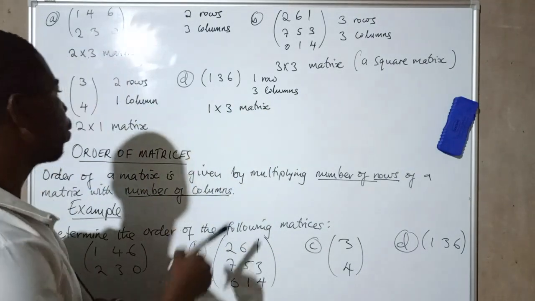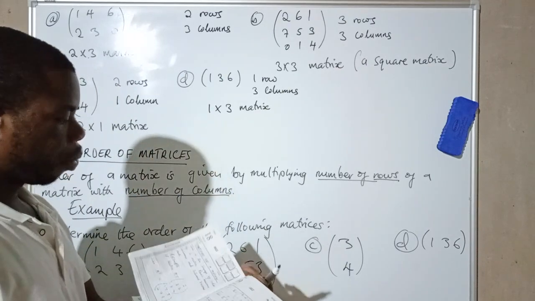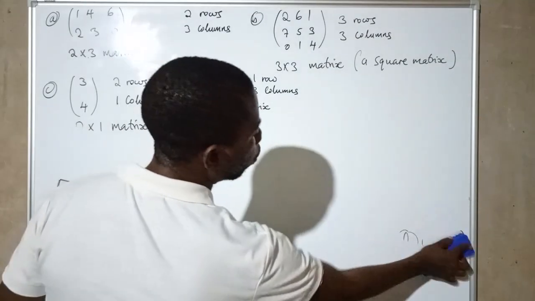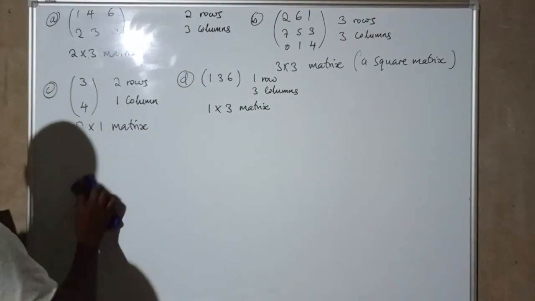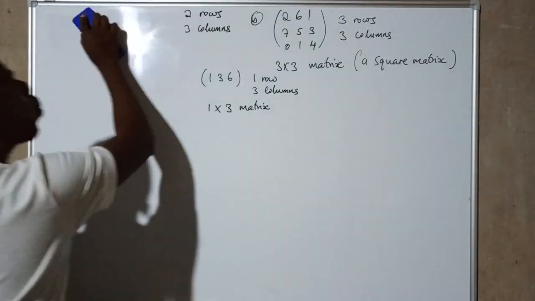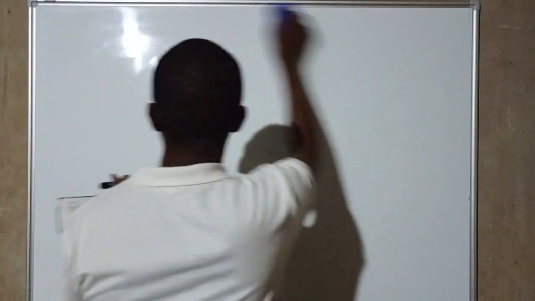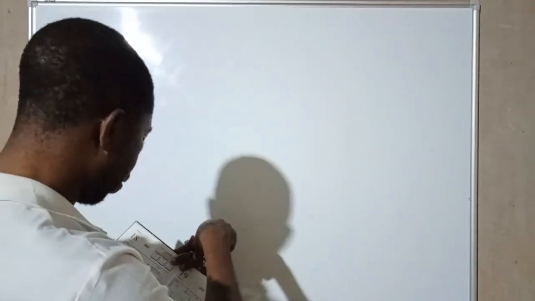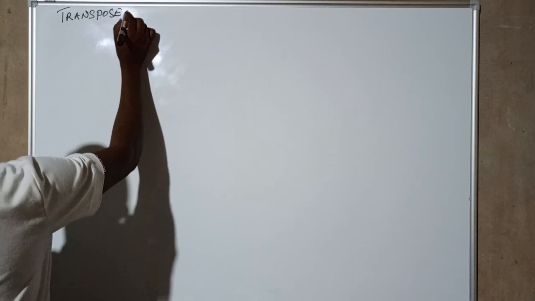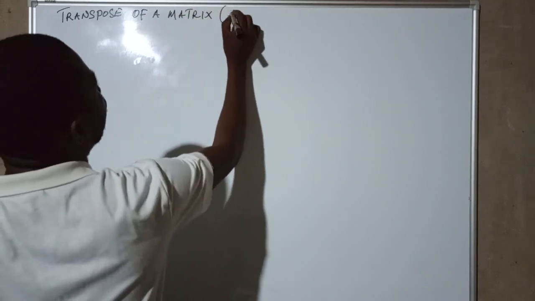So it's very important you understand these concepts. Now, the next concept that we are going to look at is the transpose of a matrix, which is represented by the letter T like that.